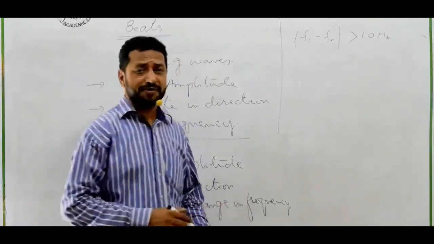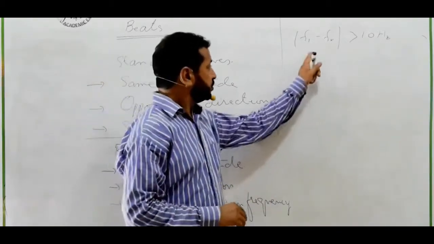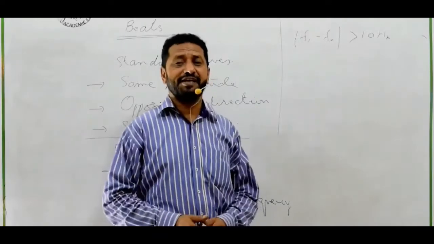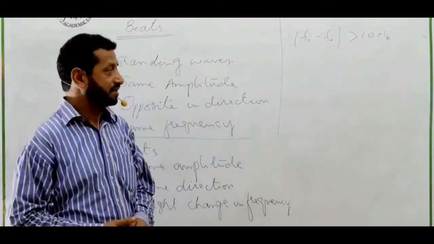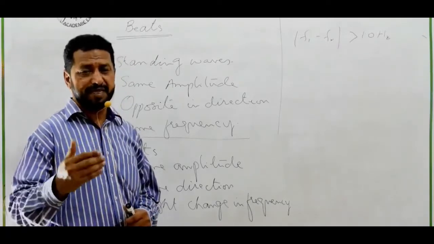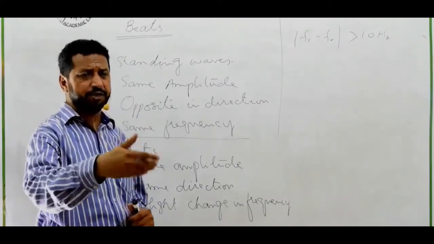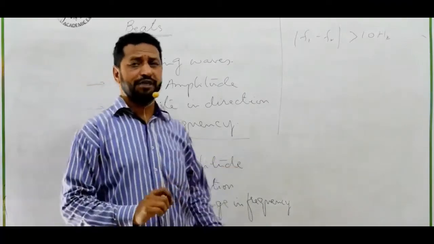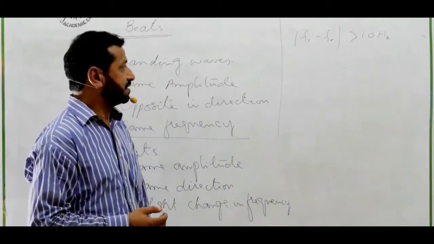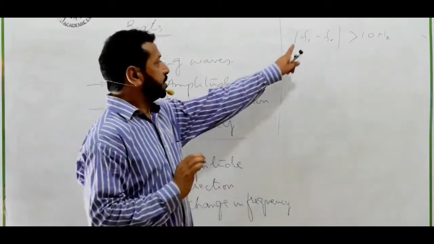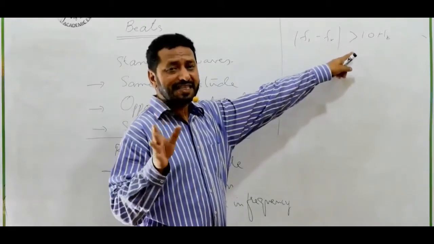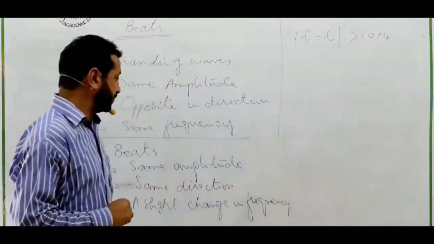In some books, if the frequency difference is greater than 10, you cannot hear the beats. As you increase from 7 to 8, 9 and 10, up to 10 you can hear the beat, but after that we cannot hear the beats. So the difference of the two frequencies must be less than 10 for the beats to be produced.